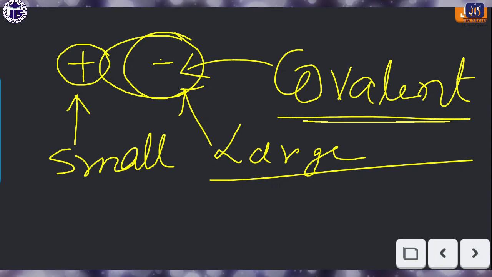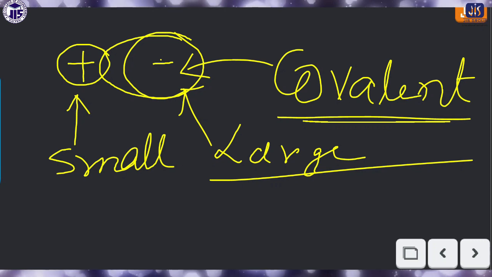You can expect a question from here, with two cations and two anions, where you will see that where the size of the cation is smaller and the size of the anion is larger, there you have to write down that this has the highest chance of covalent character. And it is also Fajan's rule.